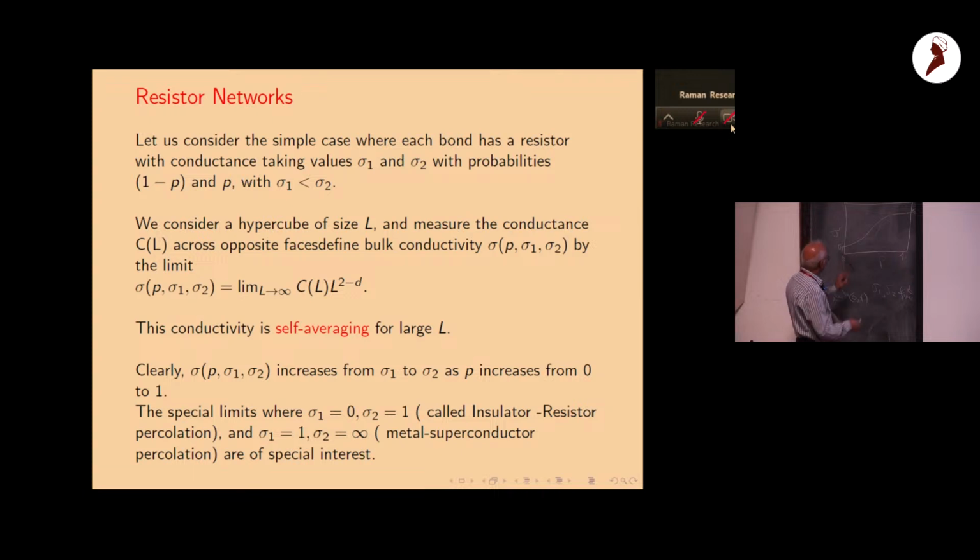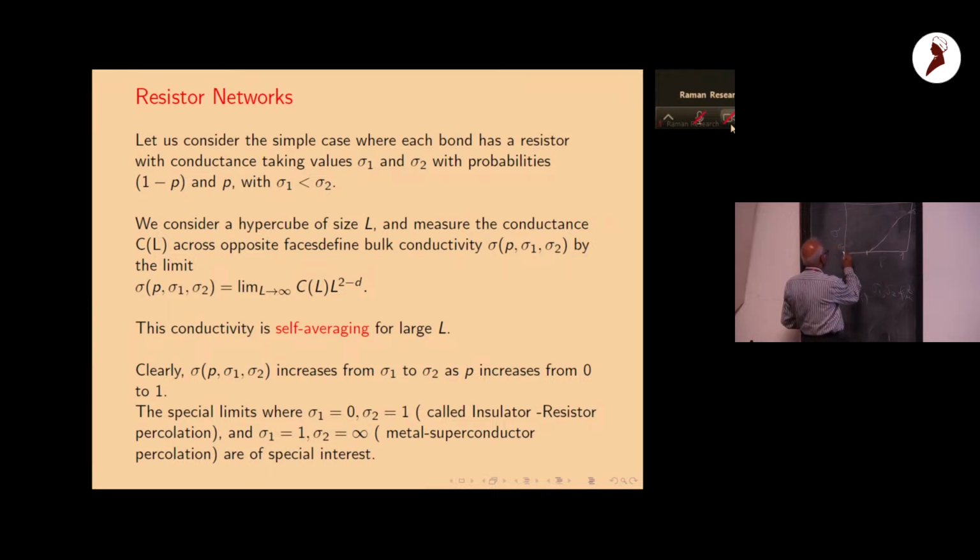Then this sigma 1 is 0, and this graph looks like this graph. Up to pc, there will be no conduction. Okay? And beyond that, there will be some, but it turns out that it doesn't increase so fast, it increases somewhat more slowly, like that. So in this limit, the graph looks like this.